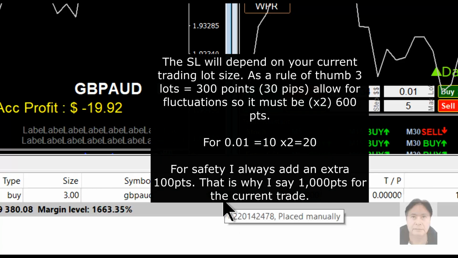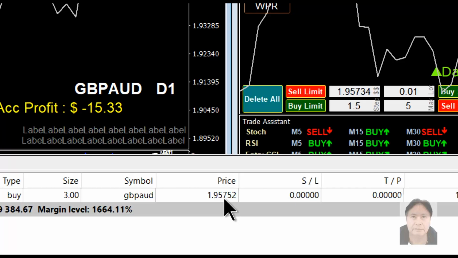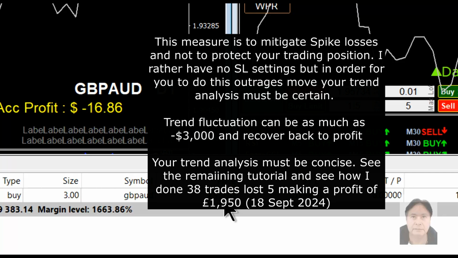I normally put a stop loss at 1,000 units, 1,000 points. I know it's a bit too much, but sometimes it does go down by 1,000 before it goes back up again.